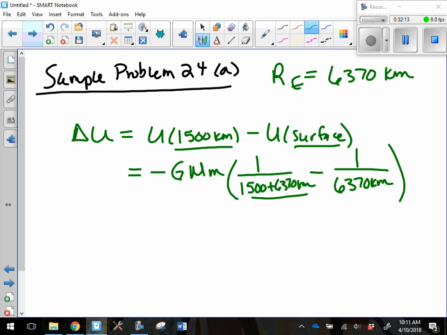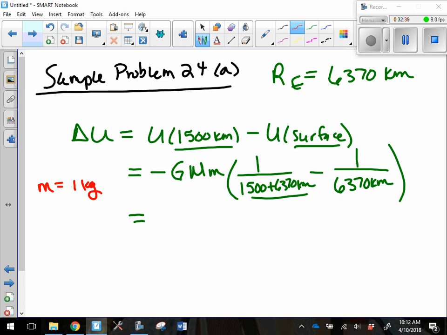Okay. So what I would do is I would assume that m is equal to 1 kilogram. The mass of the satellite doesn't really matter as long as we're consistent with what it is.